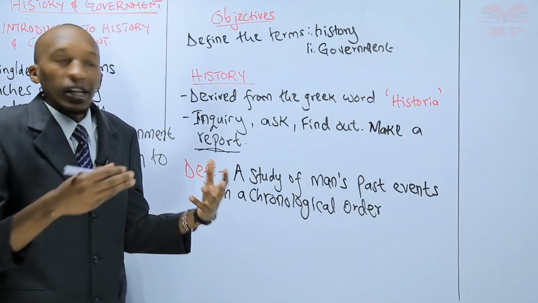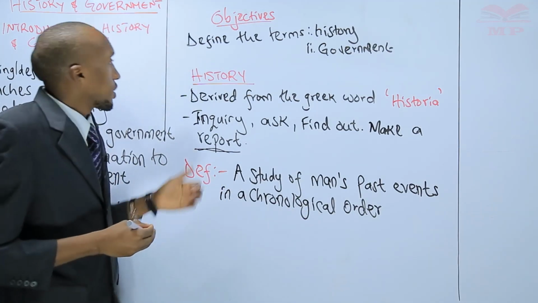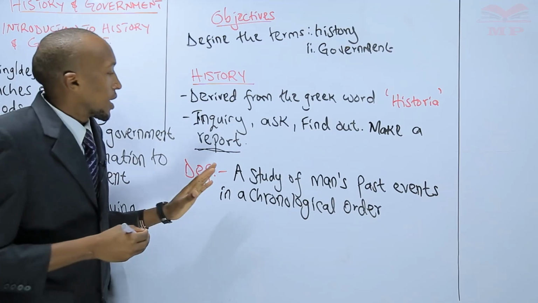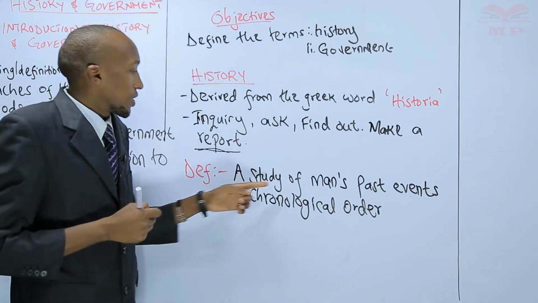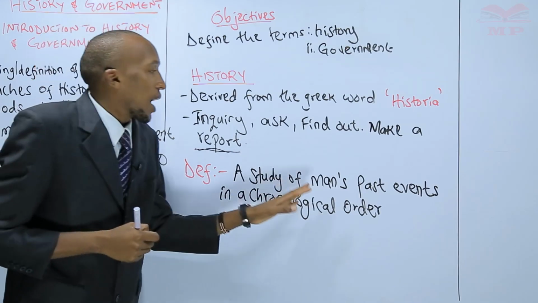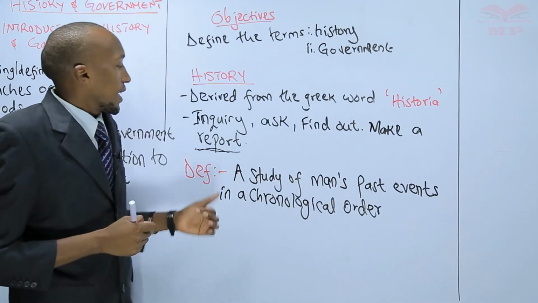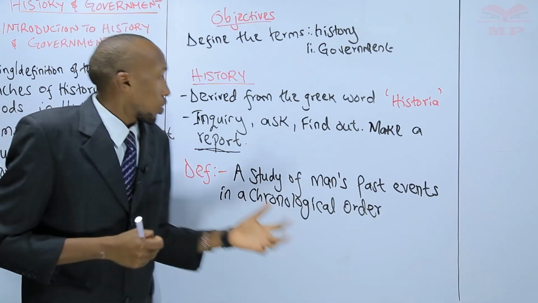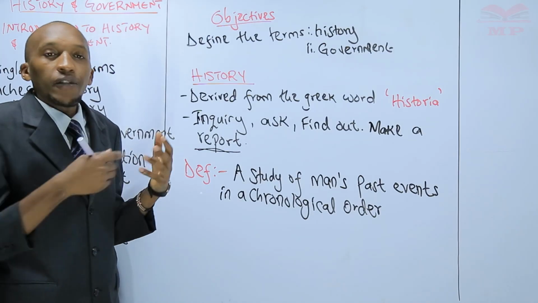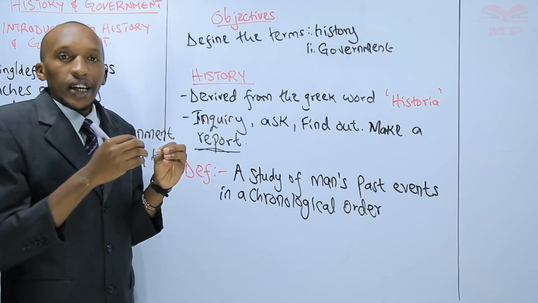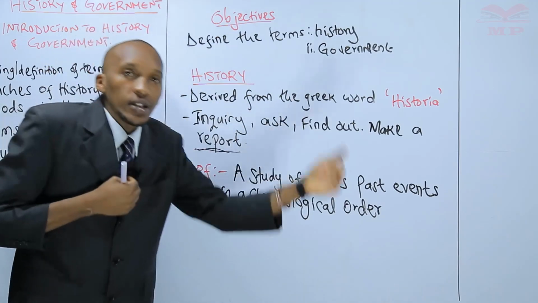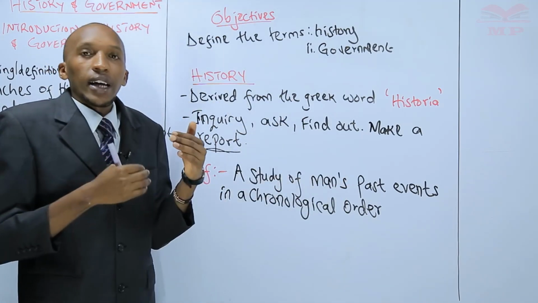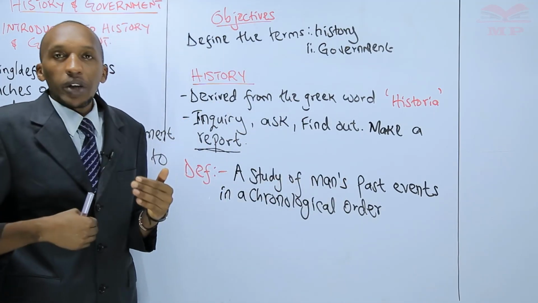So if, my dear learner, you are asked to define history, you say it is a study, because it is a discipline, of man's past events in a chronological order. In history, we put events in order: what happened first, what followed, until where we are right now.